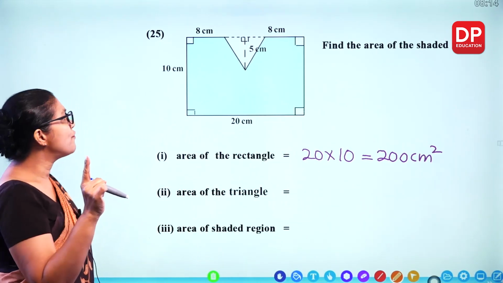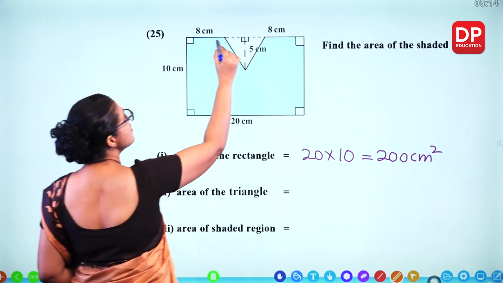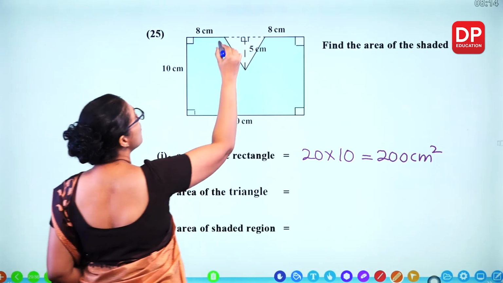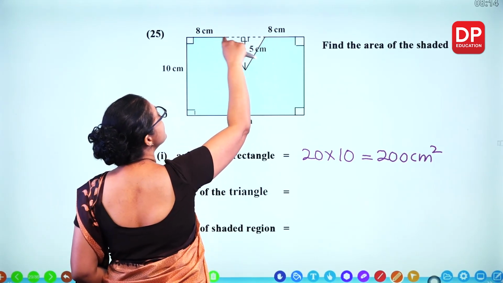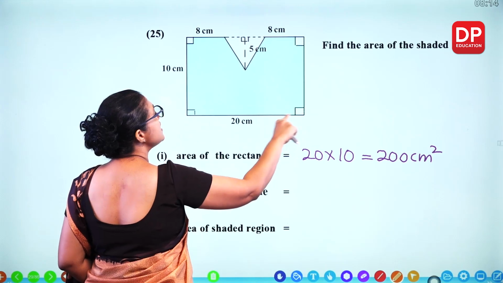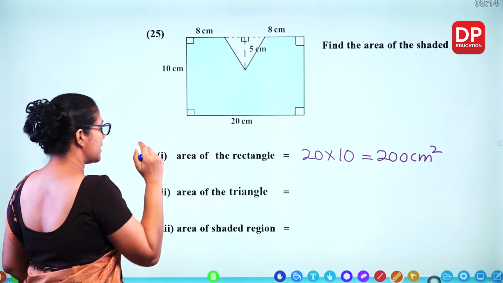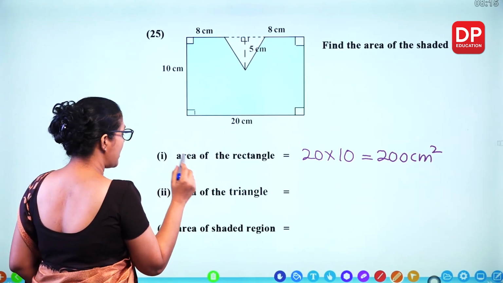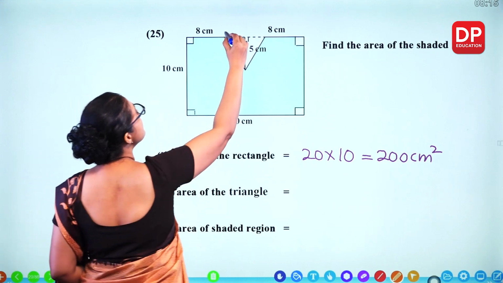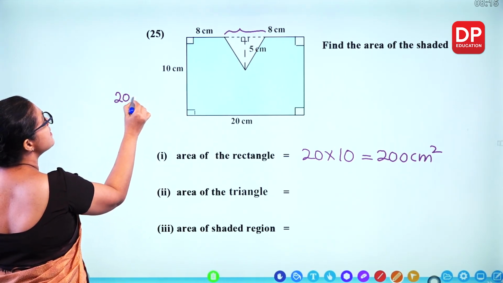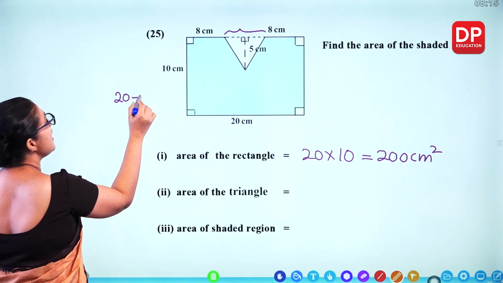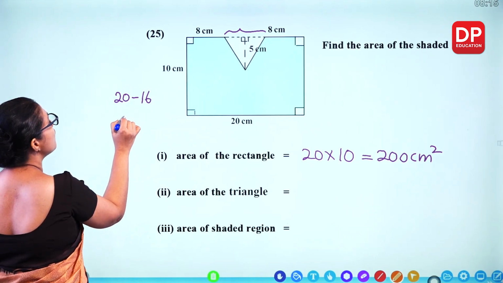Then area of the triangle. Now this is the triangle. What's this length? We can find out the base length: 20 minus 8 and 8. So we'll first find out the base length, this length. That's 20 minus 8 and 8, that's 16. So you get 4.